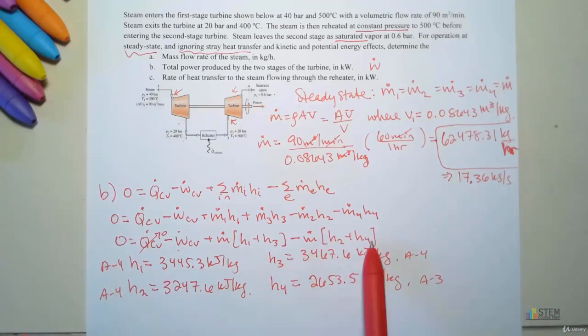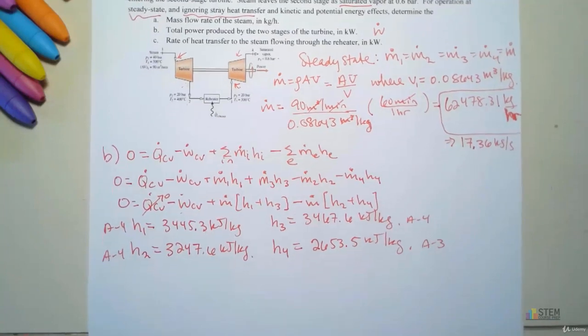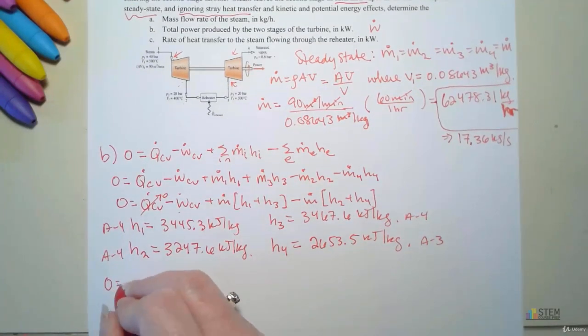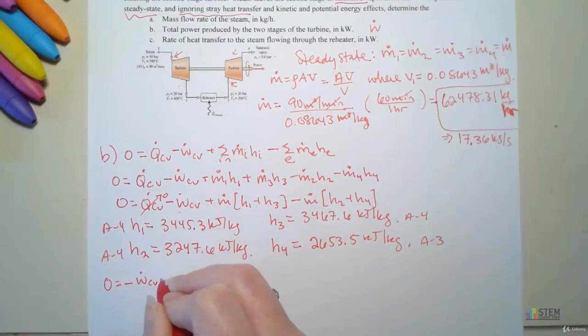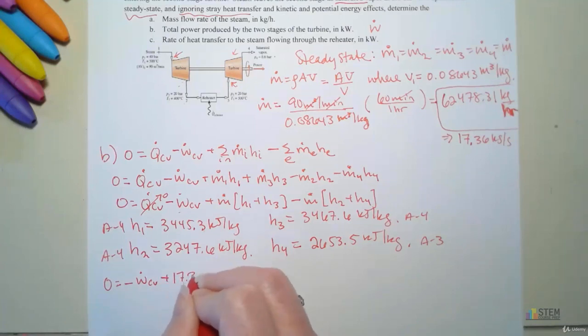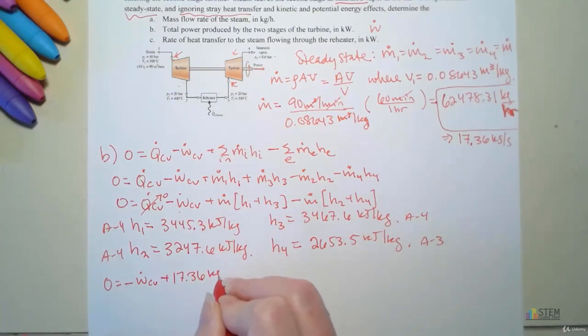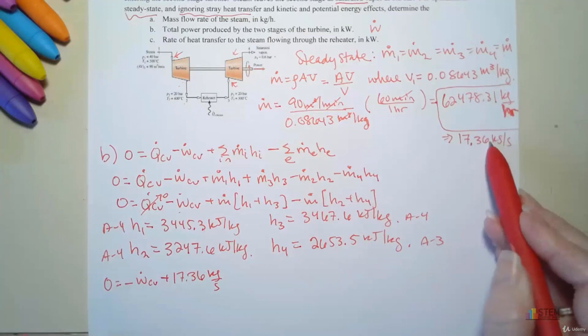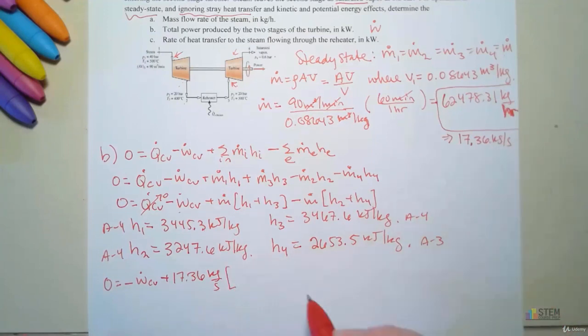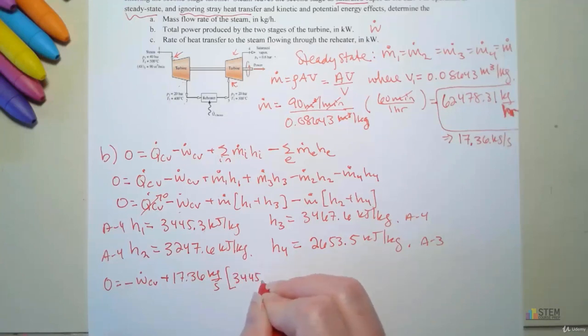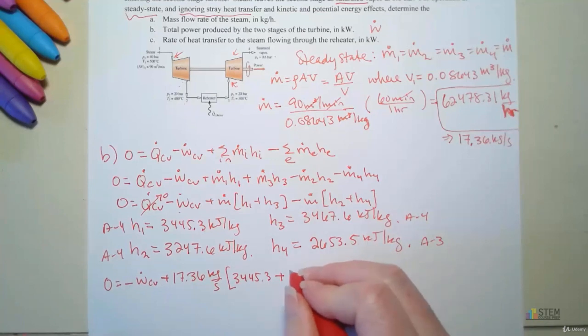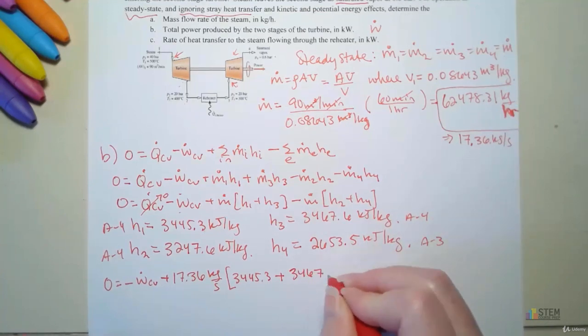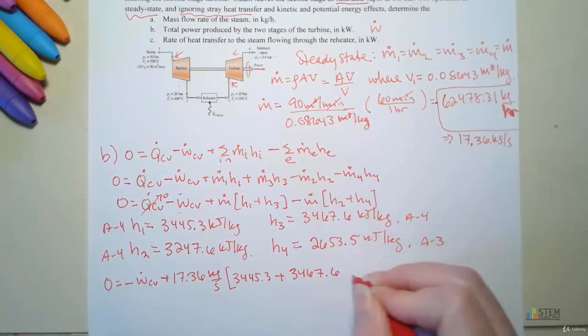Now we're going to take these values, plug them in here. That'll give us 0 minus W dot plus 17.36 kilograms per second. That was this mass flow rate. And then just start plugging in your enthalpy values. H1 is 3445.3. Add to that H3, 3467.6.